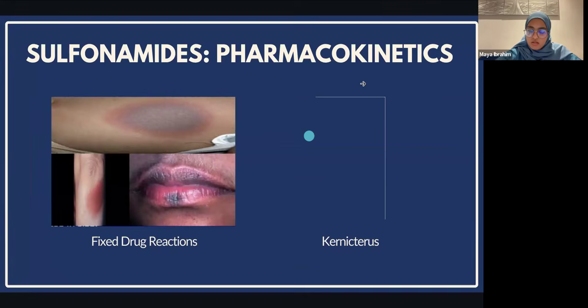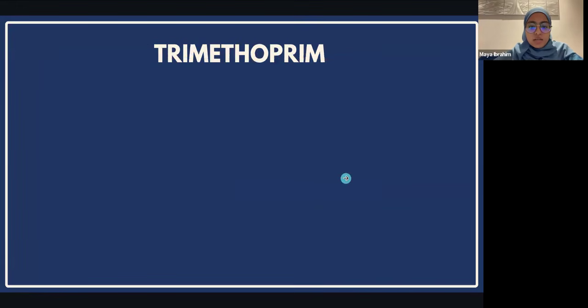The image is not loading, but basically the bilirubin accumulates in the brain of a child less than 2 months old because their system is not well developed yet. So it displaces it and it causes a problem in their brain. And this is fixed drug eruptions again, cutaneous, they're on the skin and they just reappear on the skin every single time. Now, trimethoprim.